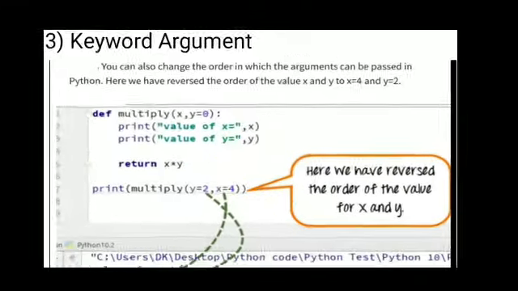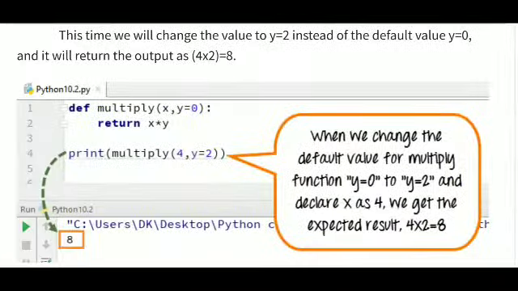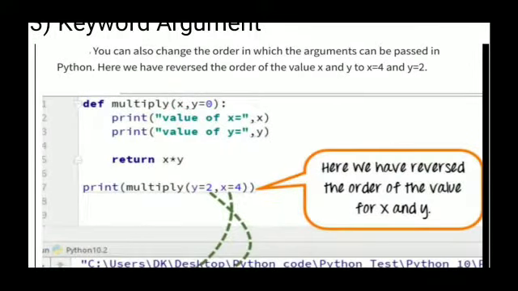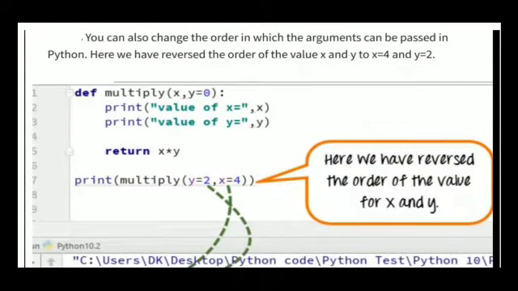Next, the keyword argument. What is a keyword argument? You can also change the order in which the arguments are passed. That means we can exchange the values at the time of calling. You can see that when we call the function print multiply, we are exchanging the order: y equals 2, x equals 4. In the original function, first we declared x and then y, but at the time of calling we are passing y first and then x.